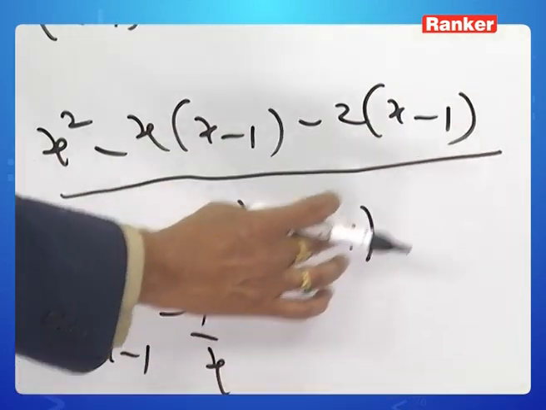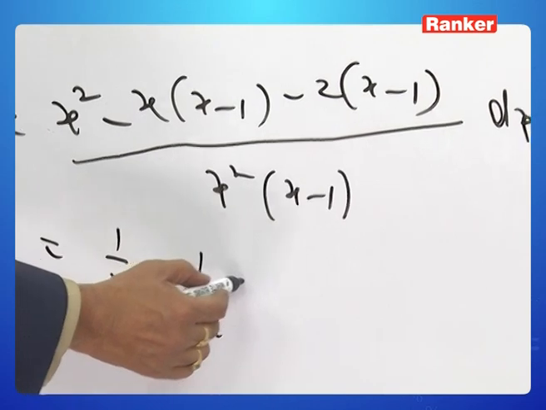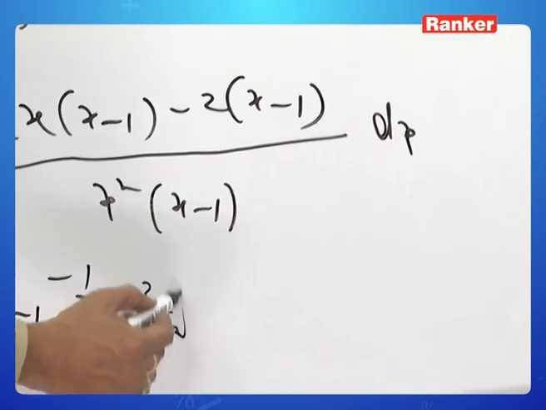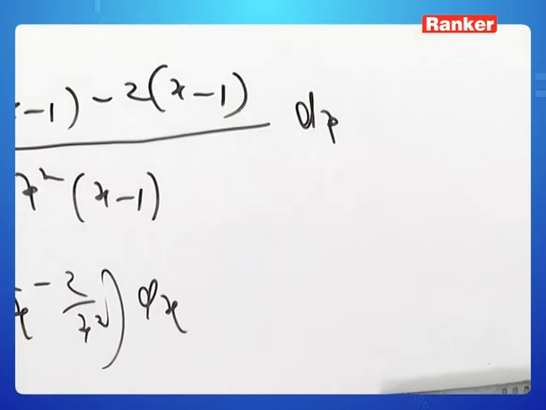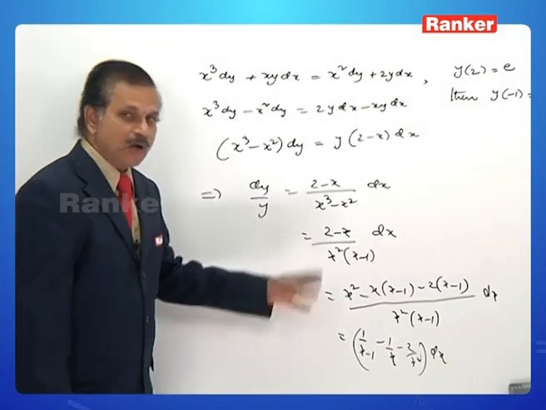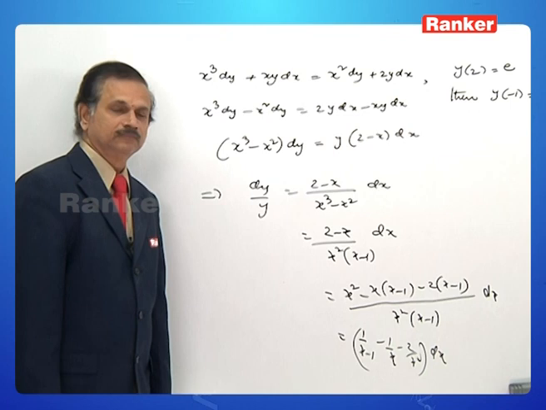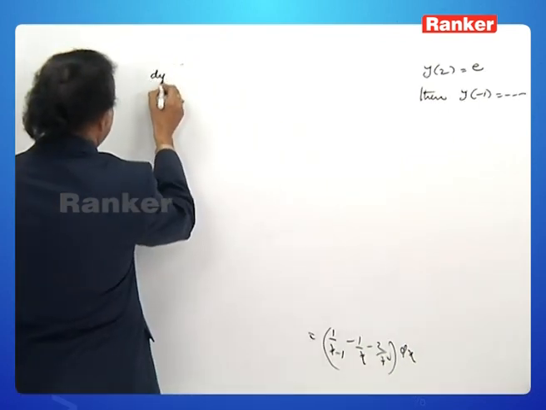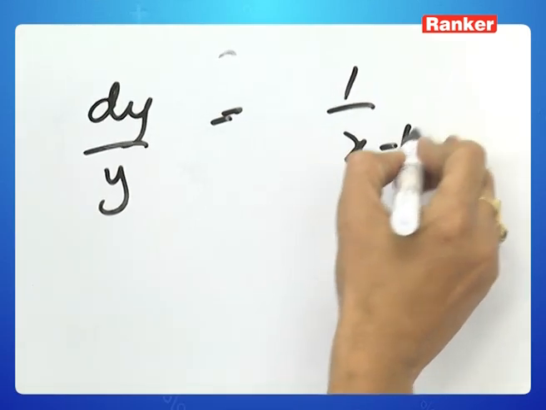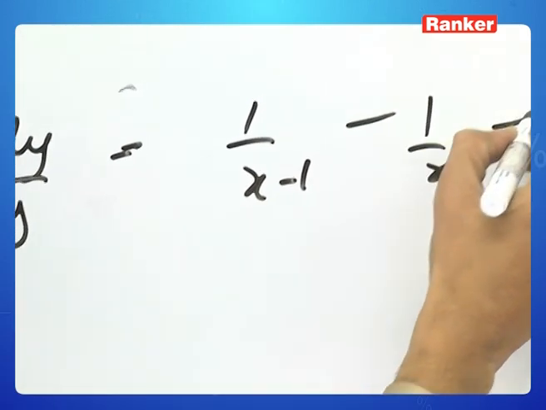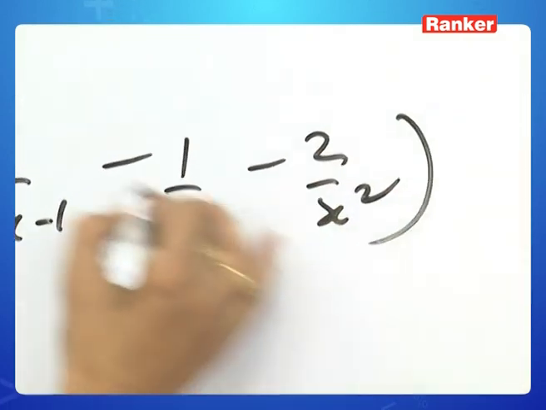Third term, x minus 1 will go away, minus 2 by x square dx. You note them down. Therefore, the last step is dy by y is equal to 1 by x minus 1 minus 1 by x minus 2 by x square dx.